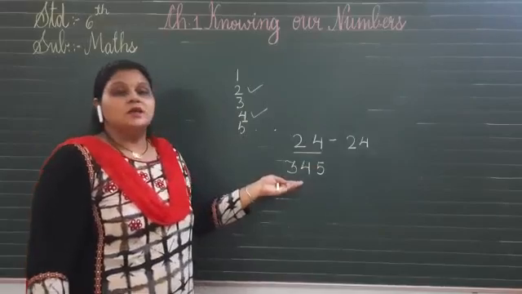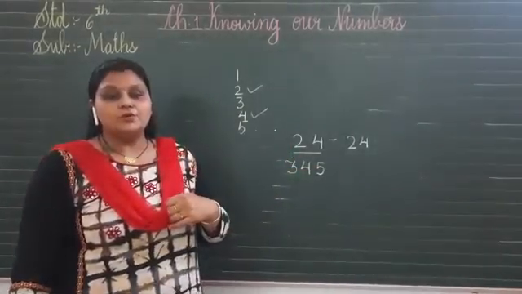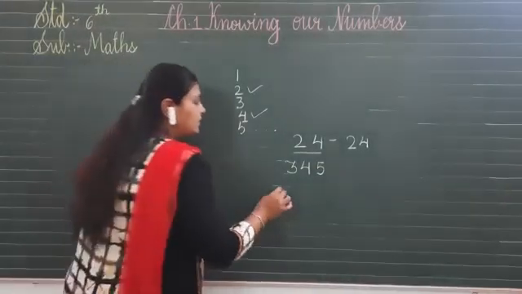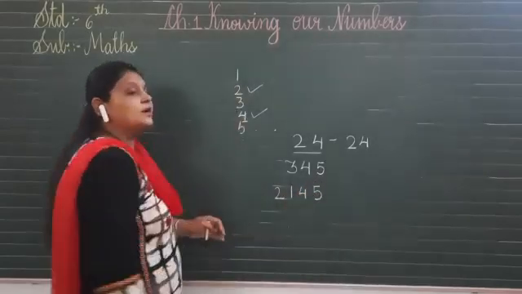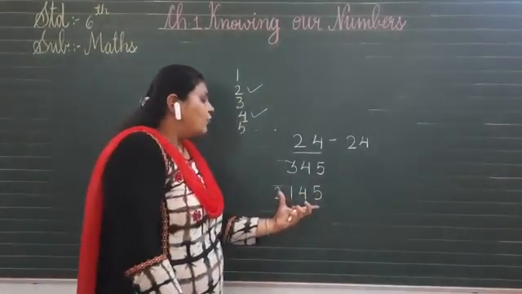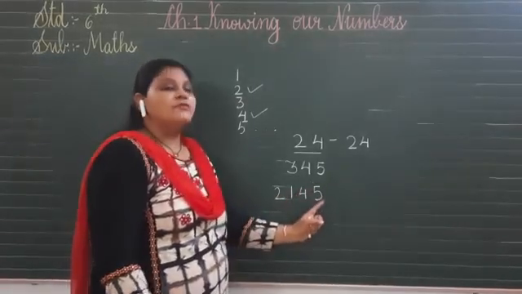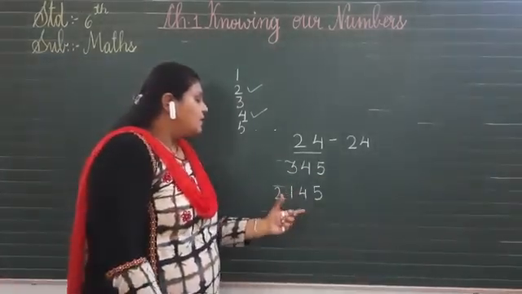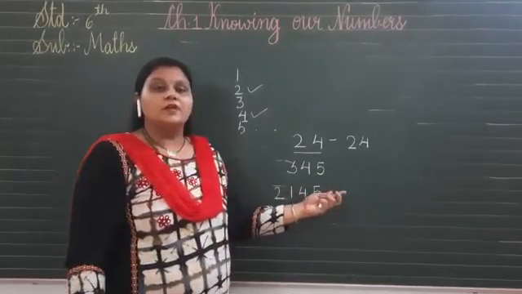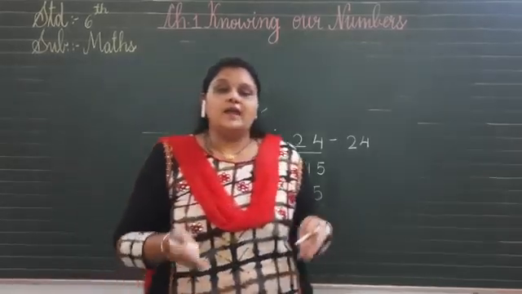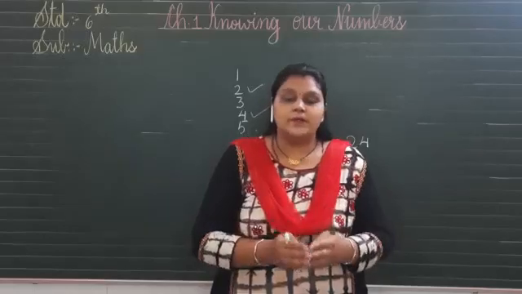Coming to next, if I want to make a number larger than this, what should I do? I increase 1 digit. Here I have taken 4 digits, 2, 1, 4, 5. Now altogether the number becomes 2145. So by combining the digits we can make a number.